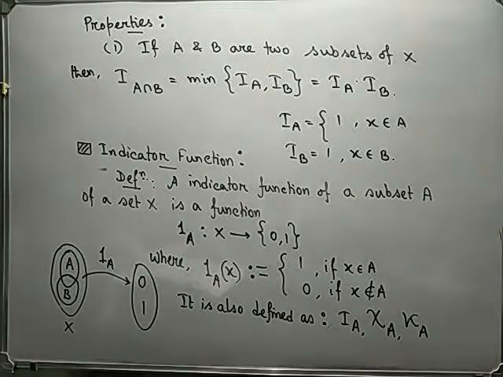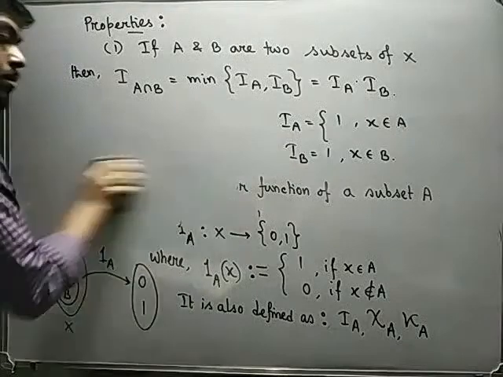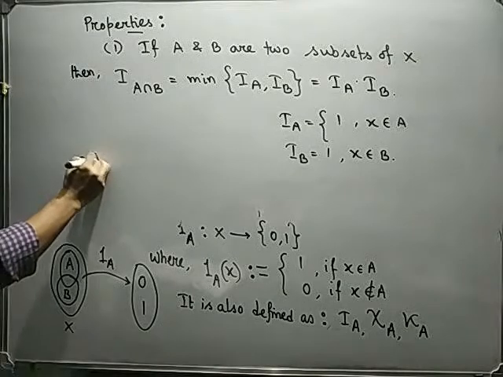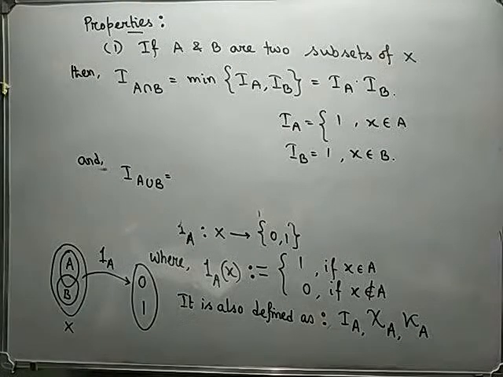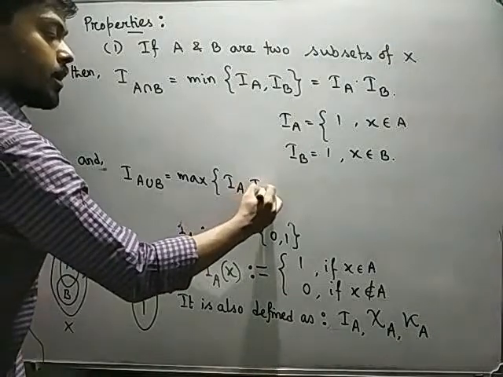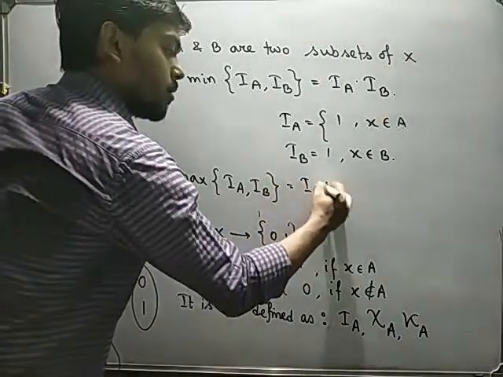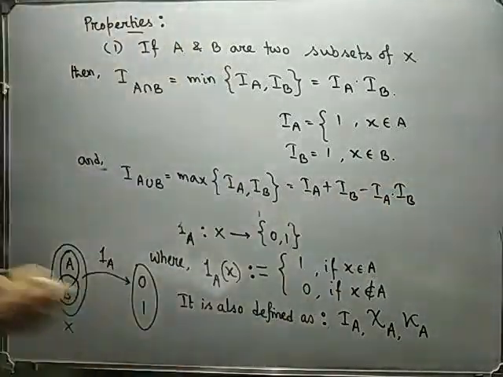And I of A union B. So I of A union B will be max of IA and IB, and which can be written as IA plus IB minus IA into IB.